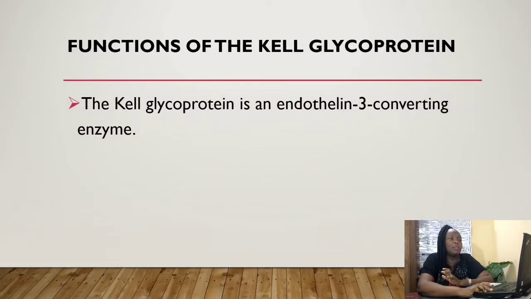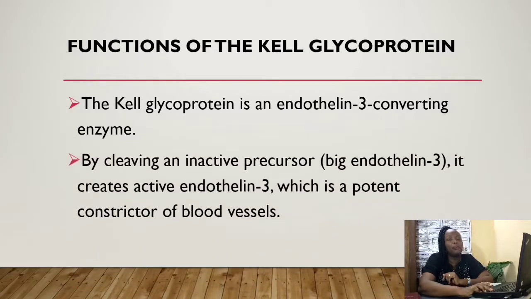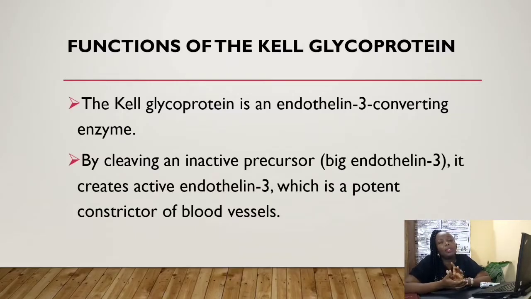Then functions of this Kell glycoprotein. Remember, I said that the Kell glycoprotein is a single pass protein that traverses the red blood cell once, and is what is actually carrying the Kell antigen.